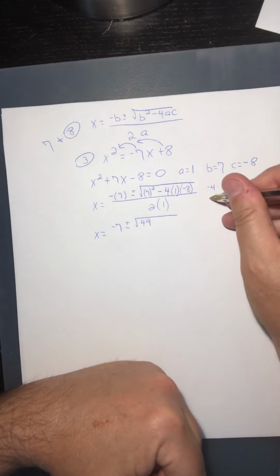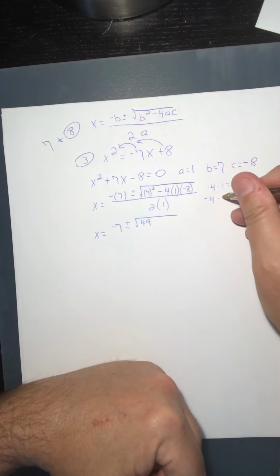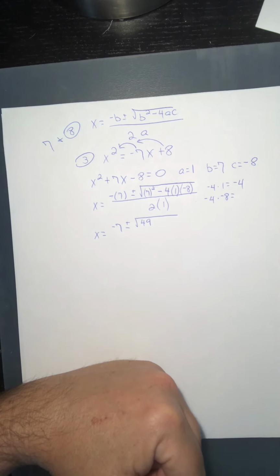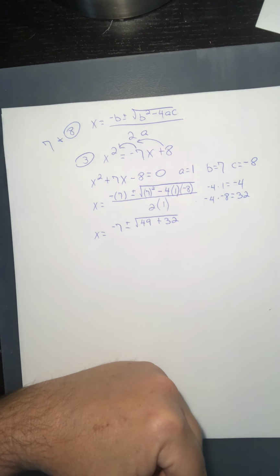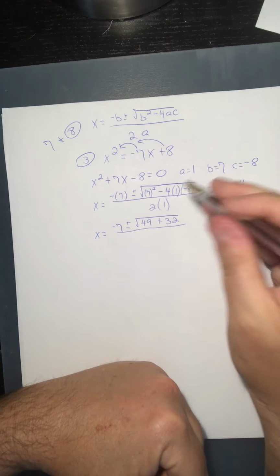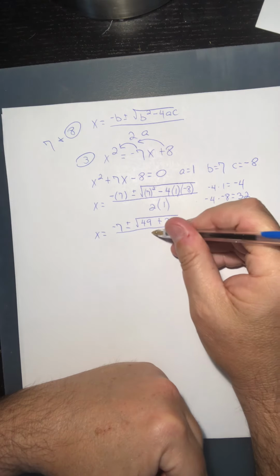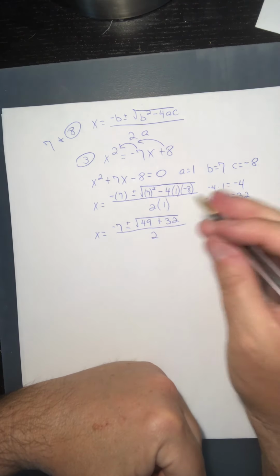Now I need to do negative 4 times negative 8, and that's going to give you a positive 32, so a plus 32, all over 2 times 1, which is 2, excuse me.